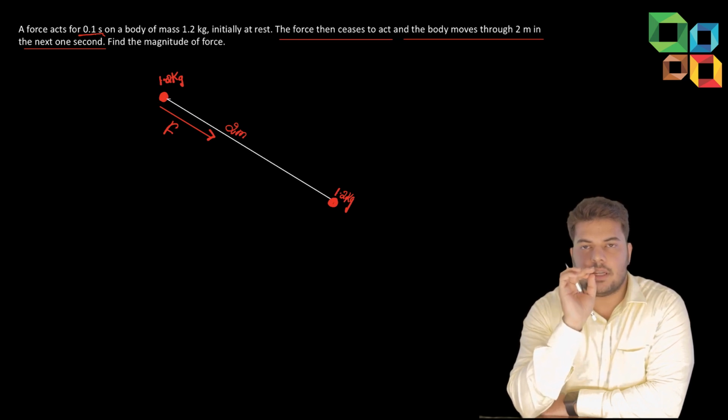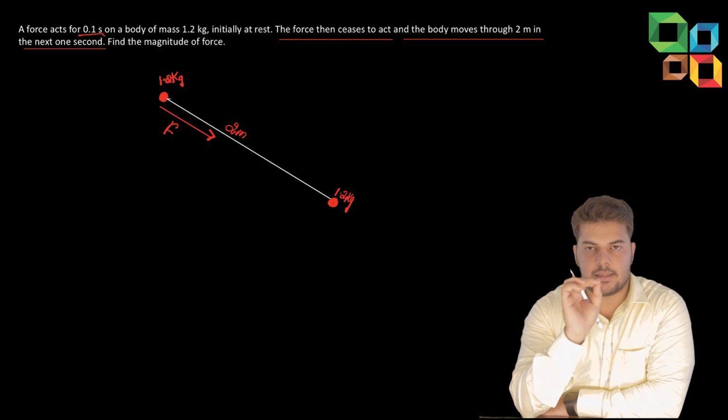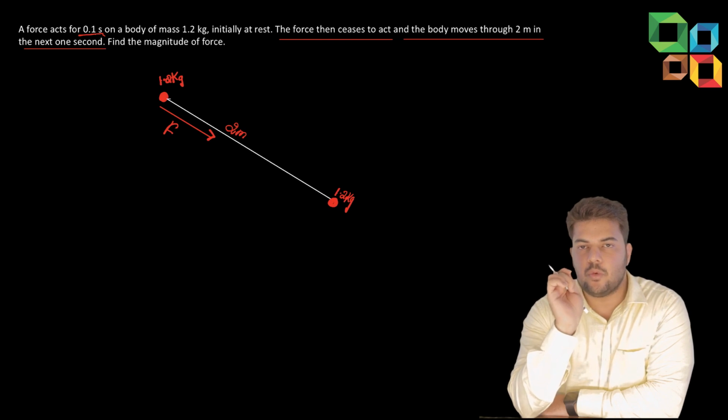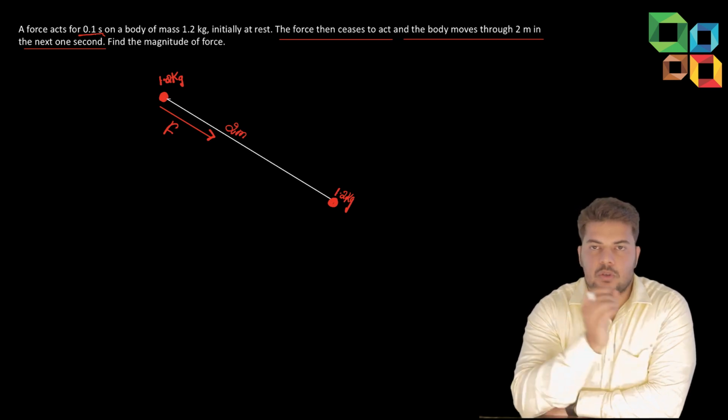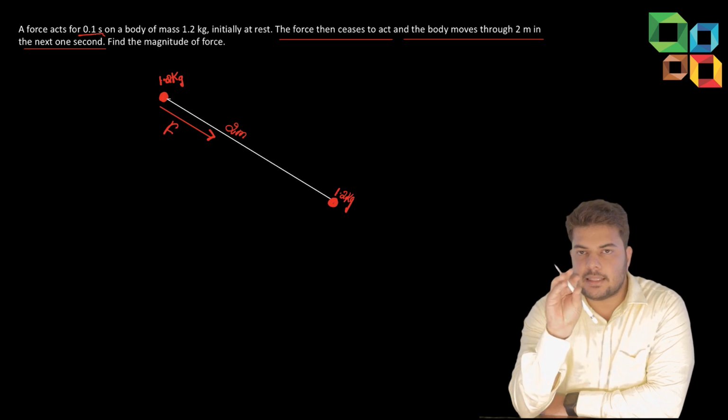The first law says that the body continues to stay at rest if it's initially at rest, and continues to move with uniform velocity if it was already moving with uniform velocity, until and unless acted upon by an external force. So the body would have continued to stay at rest if there was no force acting on it. So what happens when the force acts on the body? The moment the force acts on the body, the state of motion of the body changes.